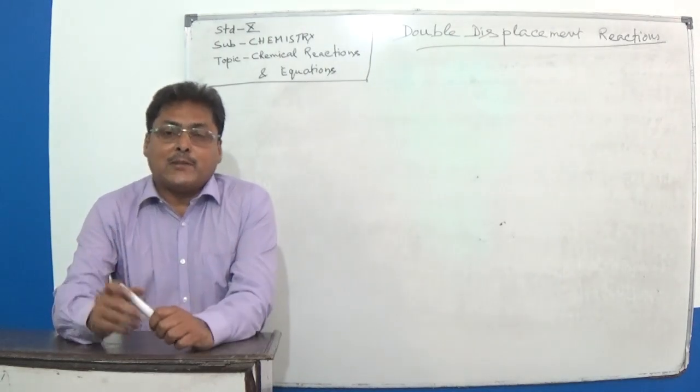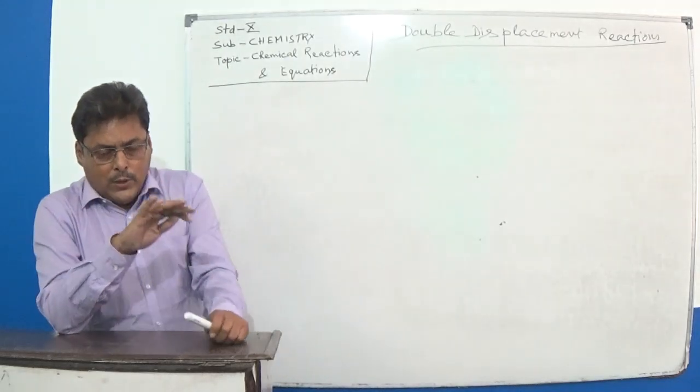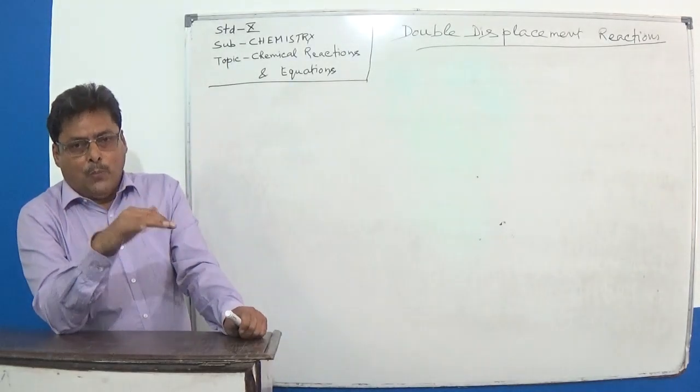We call it a double displacement reaction. I will give you some with metal and non-metal and also metal and metal.